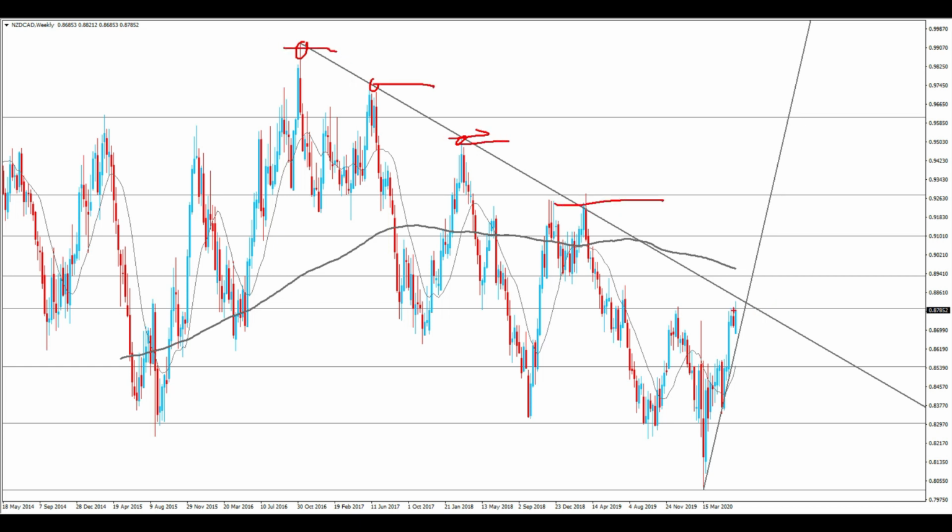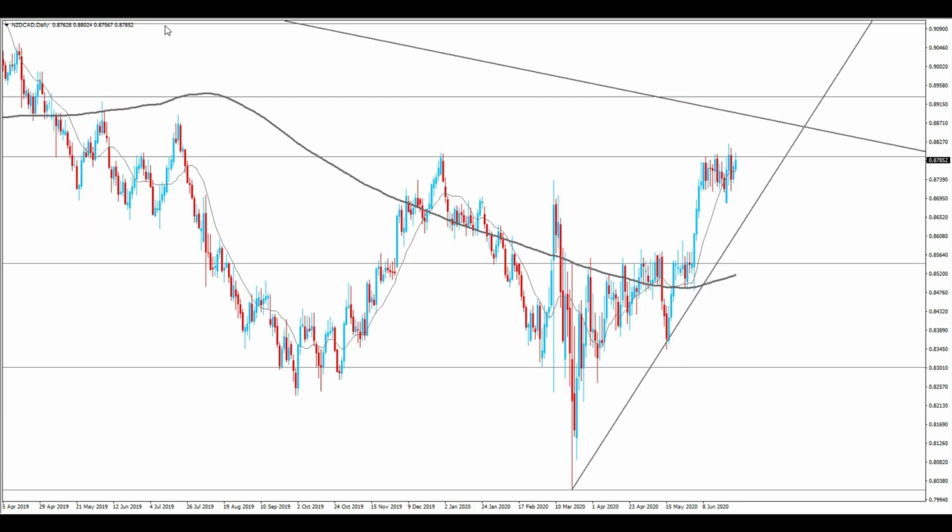If price does break up to the upside, we're expecting price to get to the weekly trend line and then another continuation of that overall downtrend. Or if price does break to the downside out of consolidation, we're expecting this trend line to break and this weekly trend line to hold, so we get that larger move to the downside.